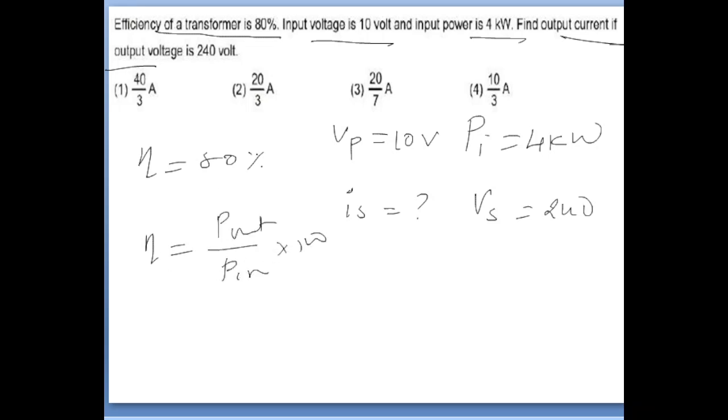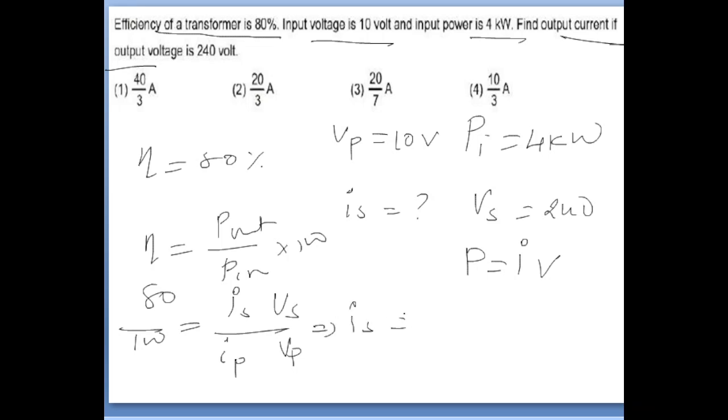Efficiency is directly given in percentage. I will take 80 by 100 equal to P out, which means VS into IS. P is equal to VI, that you also know. So IS into VS by IP into VP. If you do this here, what will come?